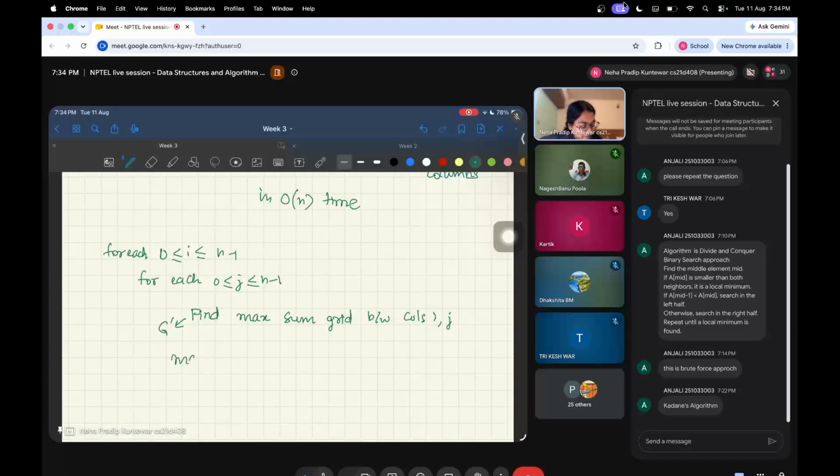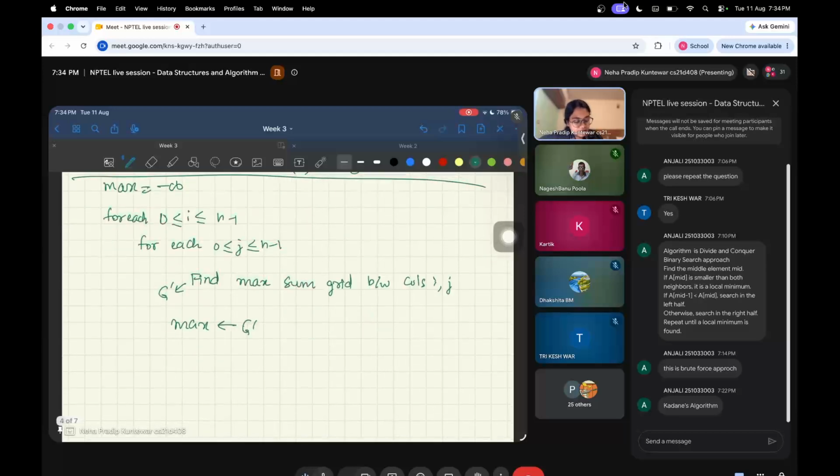Then you will update max to g prime, and you can initialize max to minus infinity, let's say. Okay, and at the end of these two loops you will output max.